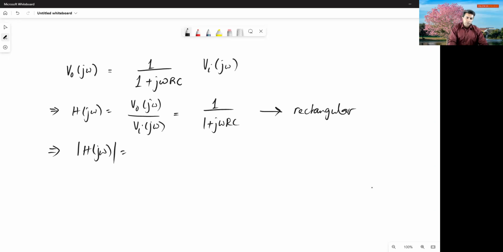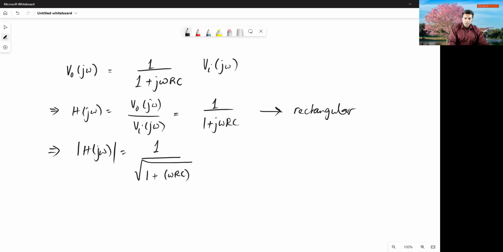Remember, it is the magnitude of the numerator divided by the magnitude of the denominator. So since the numerator is simply a real number, the magnitude is just going to be 1. And the magnitude of the denominator, if you remember, a plus jb, the magnitude is calculated as the square root of a squared plus b squared. So simply 1 squared, which is 1, plus b squared, which is omega rc, squared.